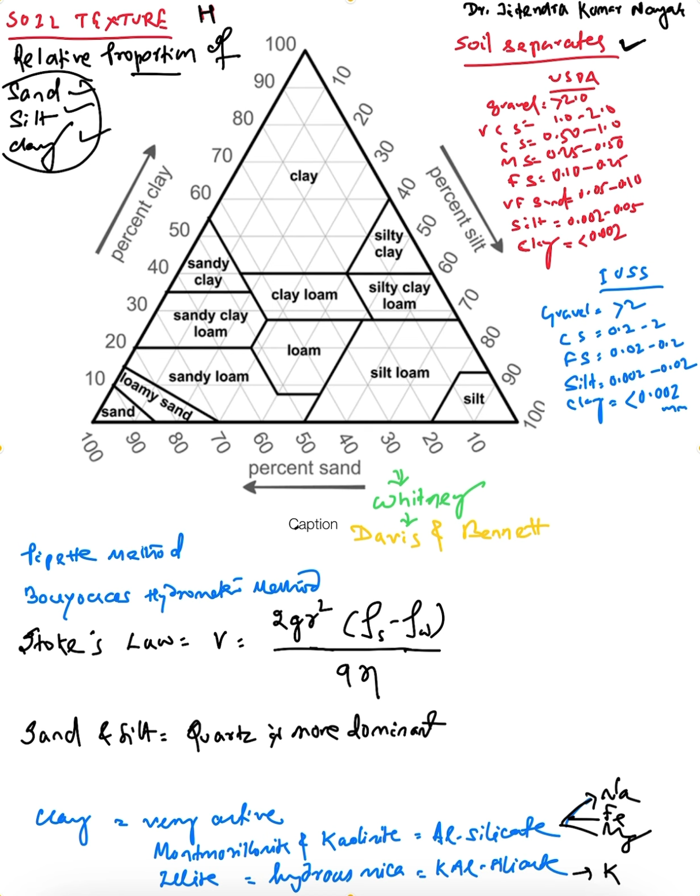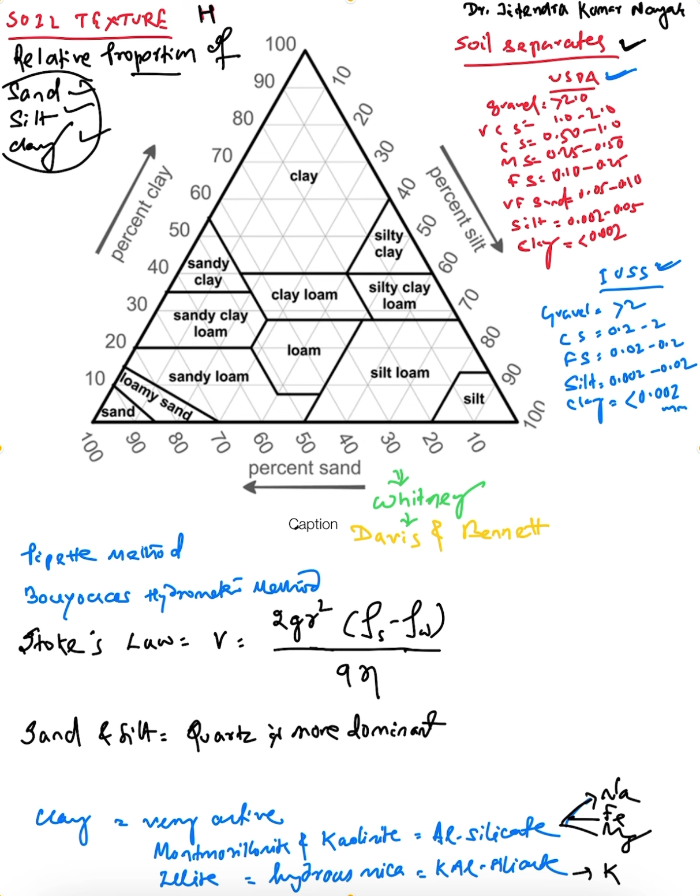In this case, there are two institutions: one is the United States Department of Agriculture, another is the International Union of Soil Science.